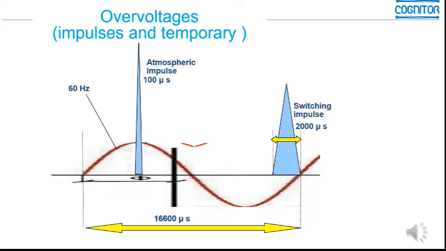However, the value of the peak voltages is much lower. It's something like the impact of an overvoltage is more or less proportional to the area covered by the figure of that overvoltage.